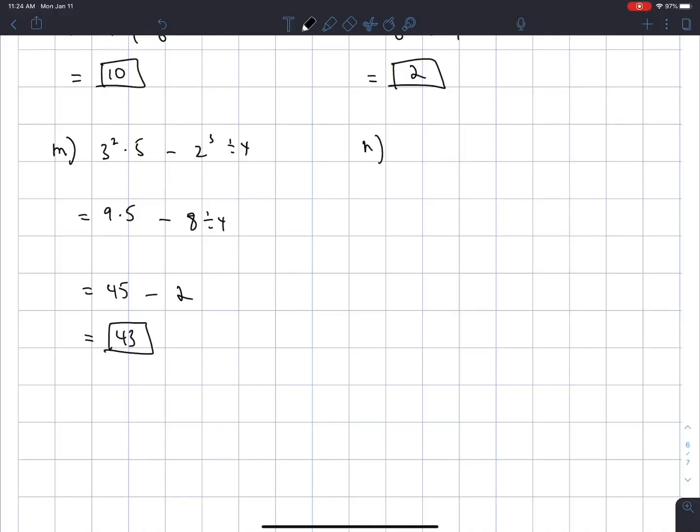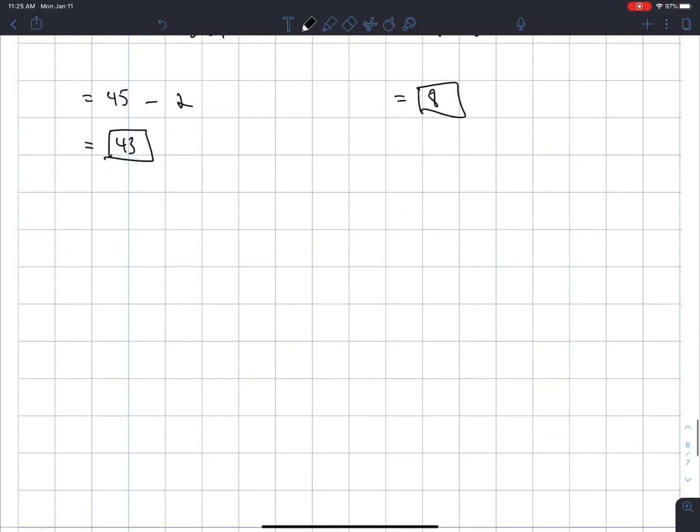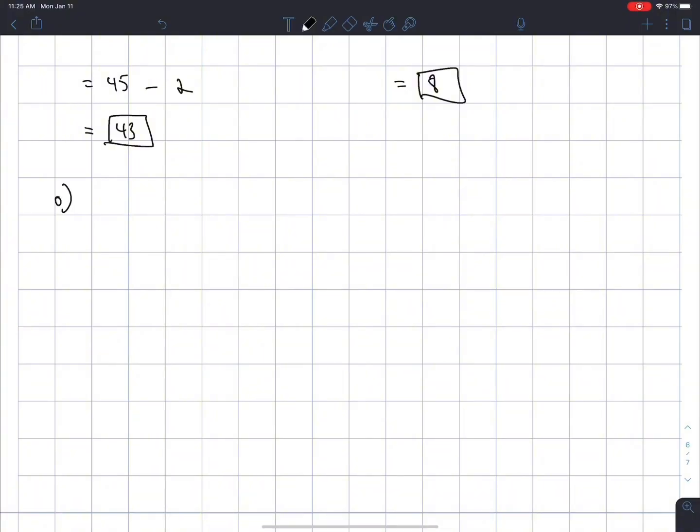And N, 64 divided by 12 minus 4. 12 minus 4 is 8. 64 divided by 8 is 8. O, 2 bracket 5 minus 3 to the power 3. 5 minus 3 is 2.